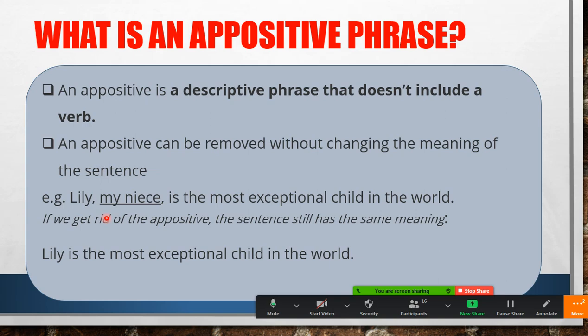No, I still have the same meaning of the sentence. Lily is the most exceptional child in the world. So what do we call the underlined phrase that is surrounded by two commas? We call it an appositive phrase. Why is it an appositive? Because it's extra information and I can exclude it out of the sentence. Non-essential. Got it? Yes, Miss. Okay.